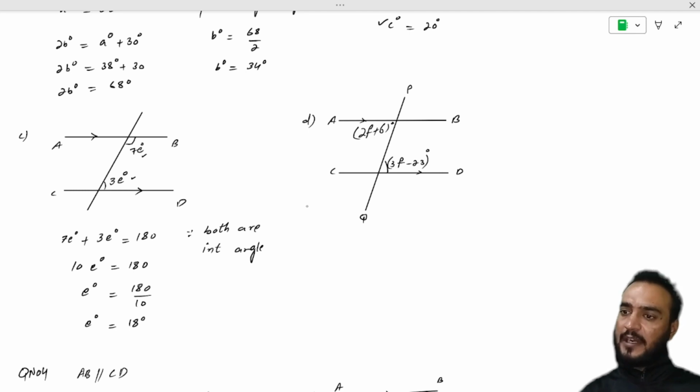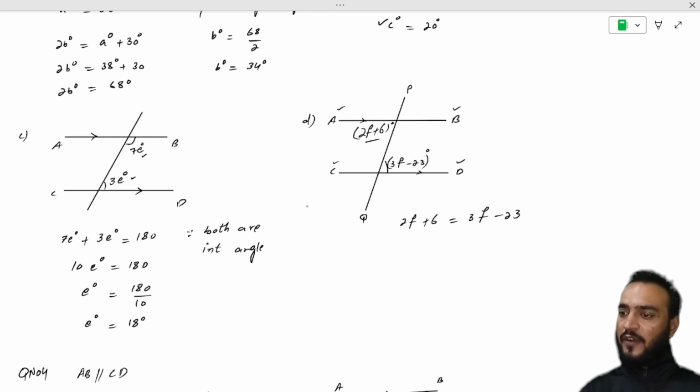Now here in part D, AB is a line parallel to the line CD. Hence, these two angles, 2f plus 6 degree and 3f minus 23 degree, are alternate angles. We put them equal because in case of parallel lines, the alternate angles are always equal. So 2f plus 6 is equal to 3f minus 23.